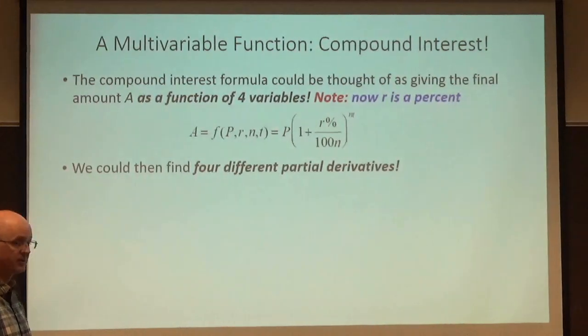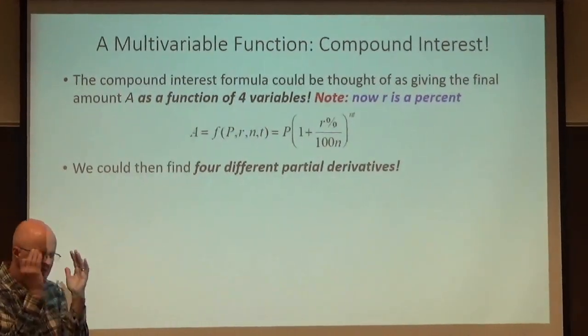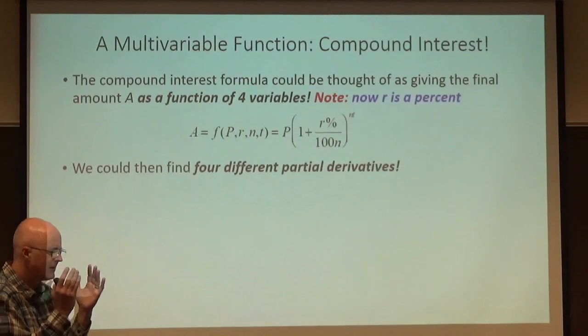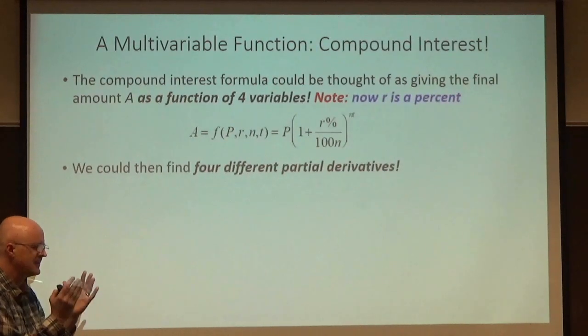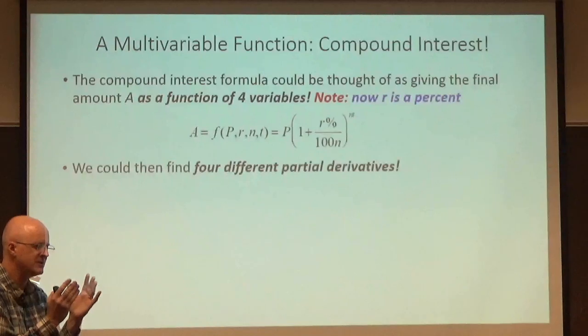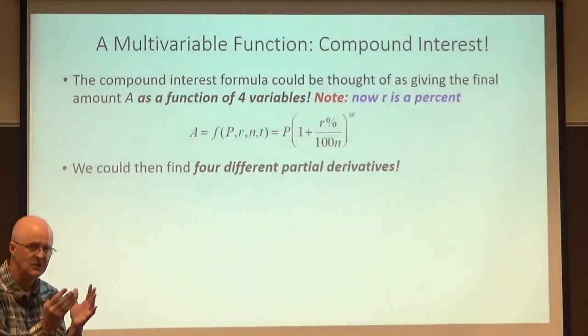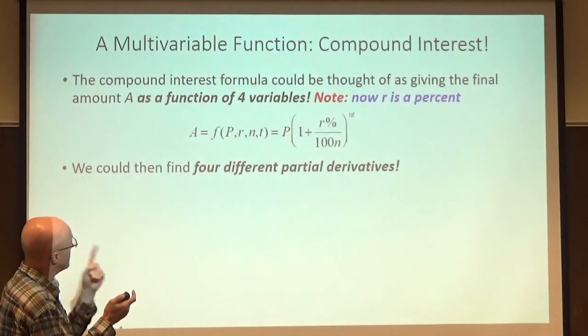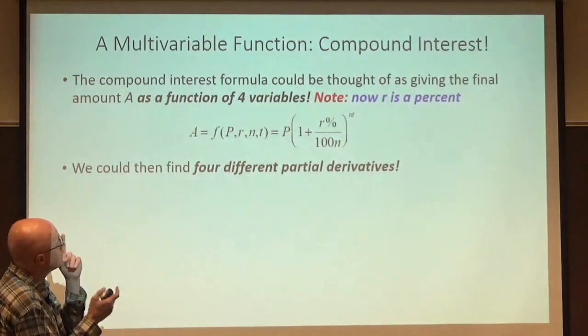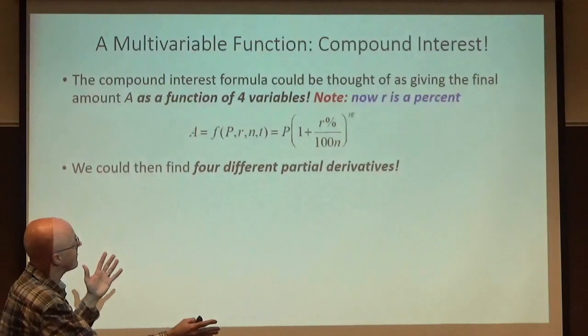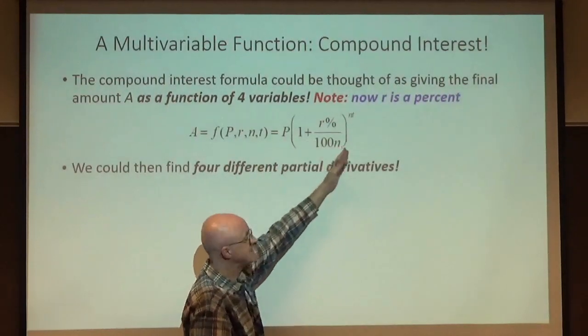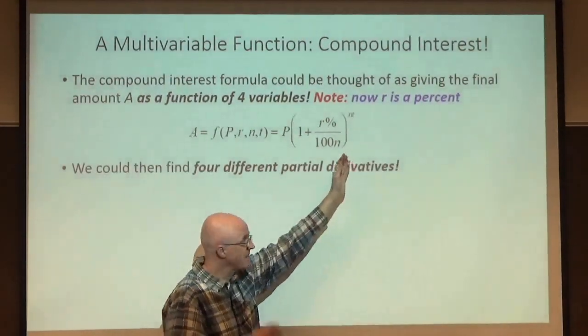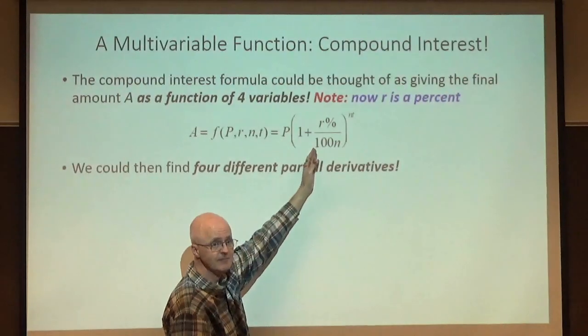Here are the four derivatives. And again, just think with me. Just look at these formulas and say, yeah, they make sense. If I was forced to do it and I was very careful, I could do it. Take the derivative with respect to p first. Pretend everything else is constant. That means this entire expression, complicated as it is, is a constant.